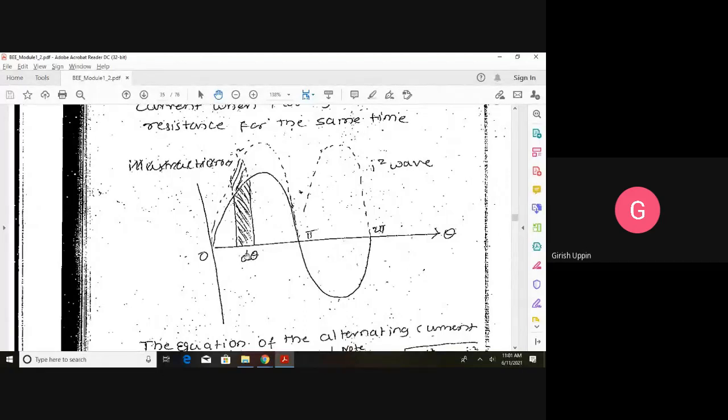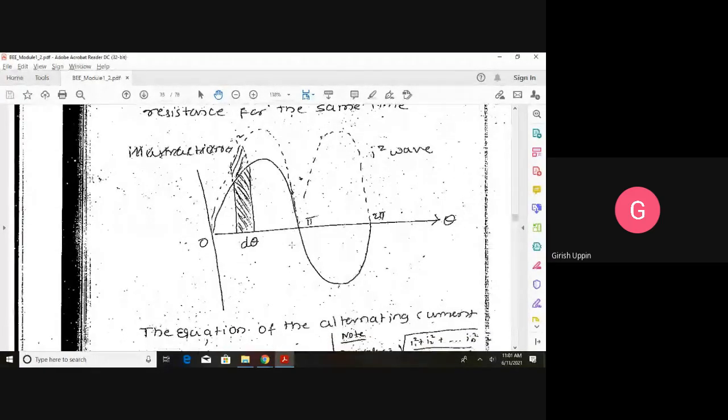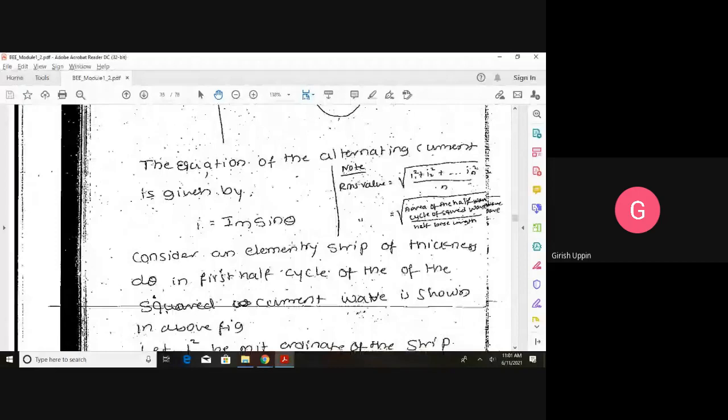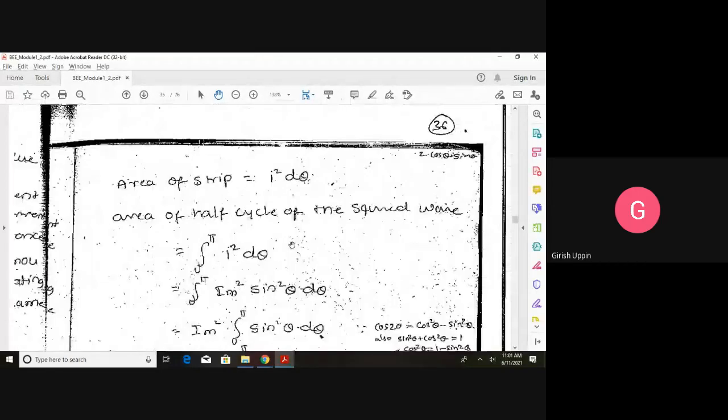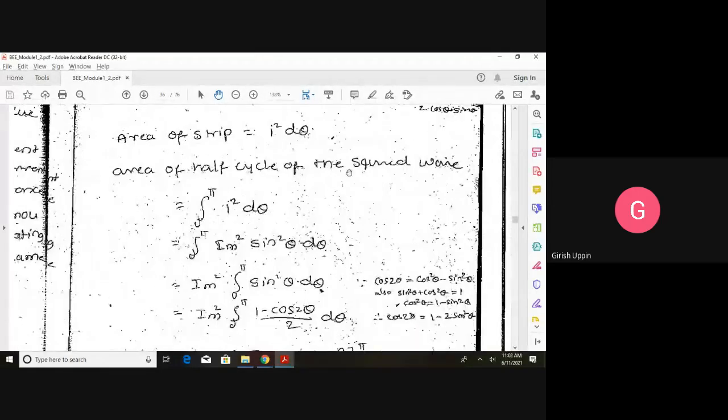So the area of this strip is I square into d theta. For me to find the complete area under this squared wave, I have to integrate I square d theta from 0 to pi. So that is what has been done here. Area of half cycle of the squared wave, integration 0 to pi I square d theta.